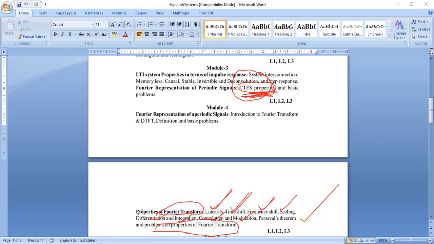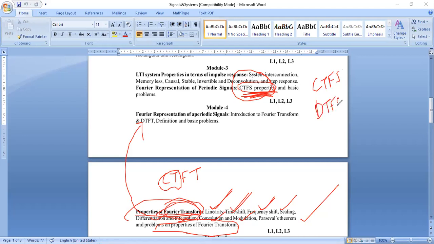One more thing: they have just given properties of Fourier transform in the syllabus. Properties of Fourier transform is mainly for CTFT. If they give plain FT properties, it means they are asking the properties for continuous time signals, not the properties of DTFT. In the previous module, module 3, there was CTFS and no DTFS.